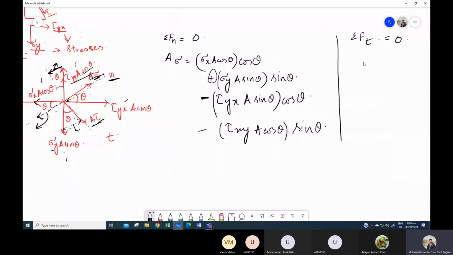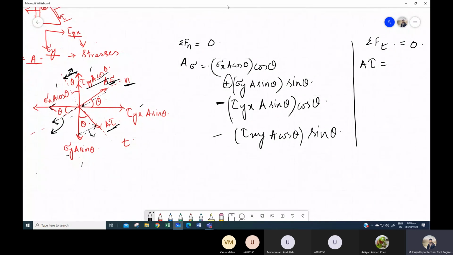So we will say that A tau would be equal to, and just keep one thing in mind, that we are taking this direction of the n axis as positive, and for the tau axis we are taking this downward direction as positive, right? So just keep this in mind, and we will take this as reference in our questions as well.